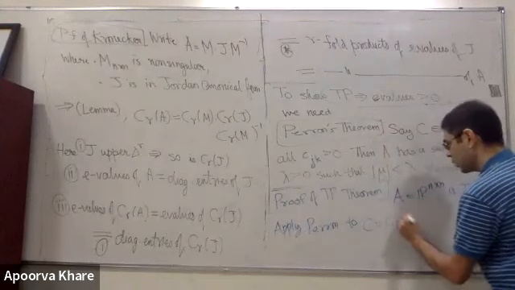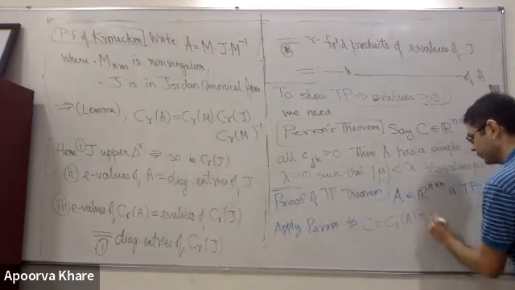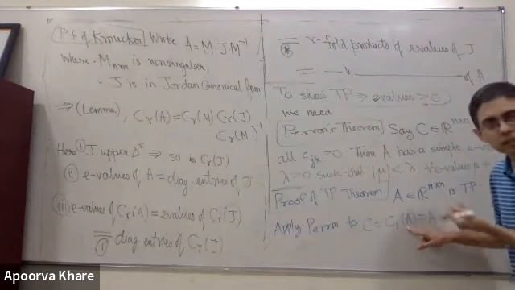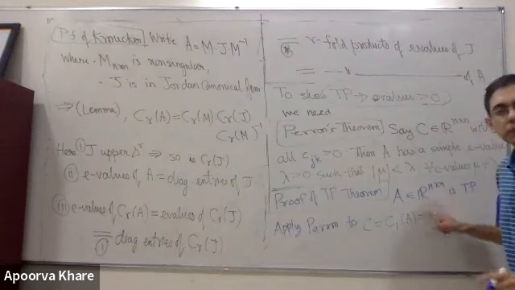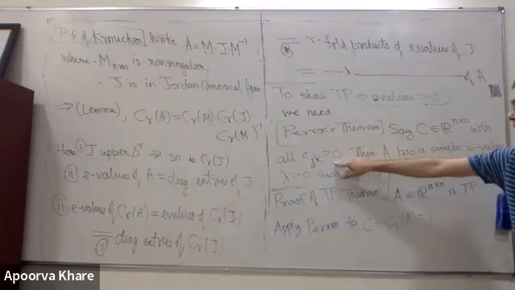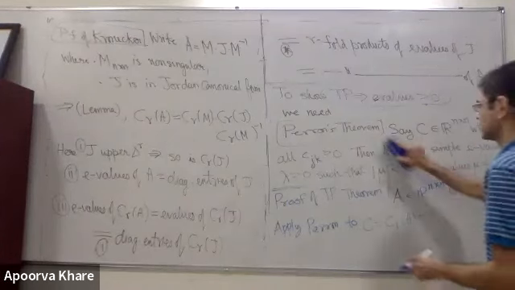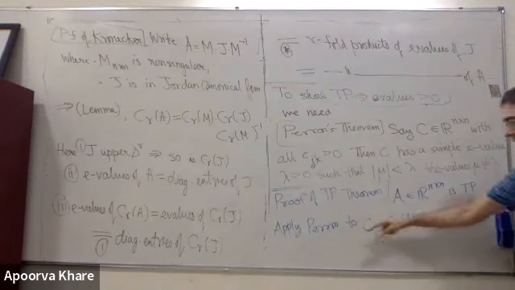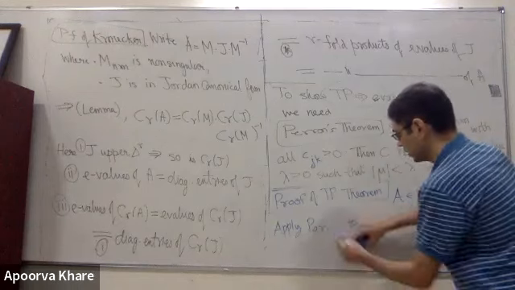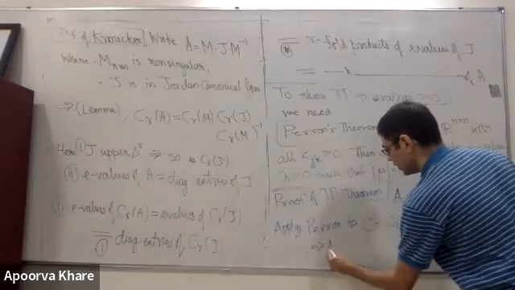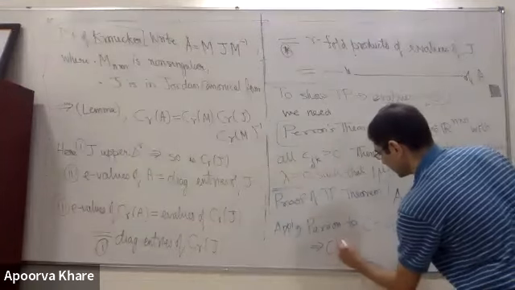C equals C_1 of A, which is A. The point is, because this is the compound matrix, all its entries are some minors of A. A is totally positive, so all minors are positive, so all entries of this matrix are positive. Then C has a simple eigenvalue. So that means A has a simple eigenvalue.